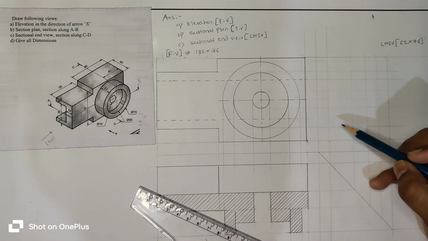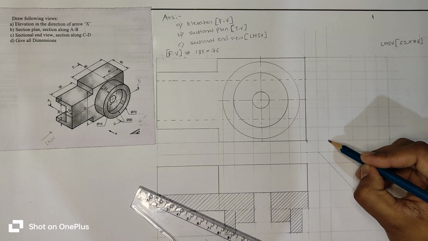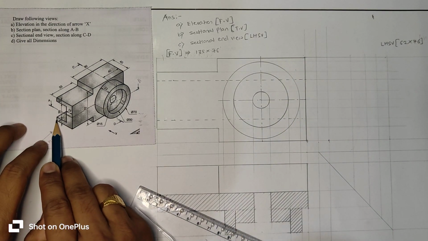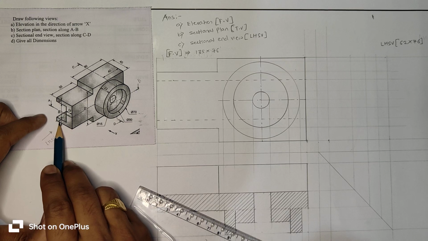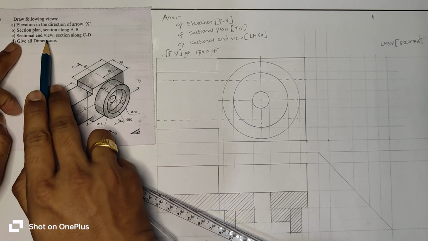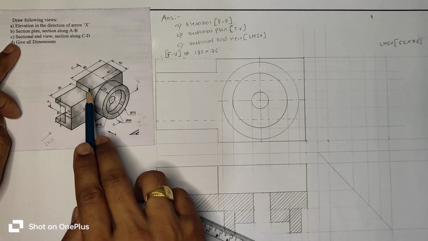So now LHS will start from this point. So first we will see, it is a sectional end view. Sectional LHSV, section along CD.